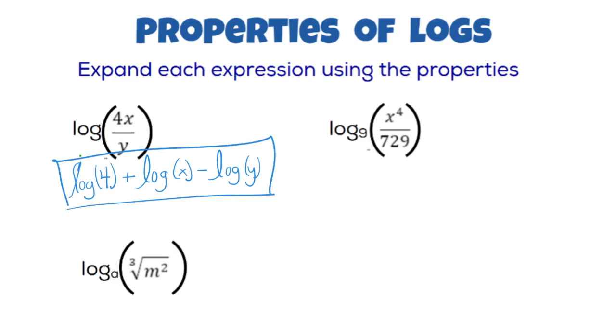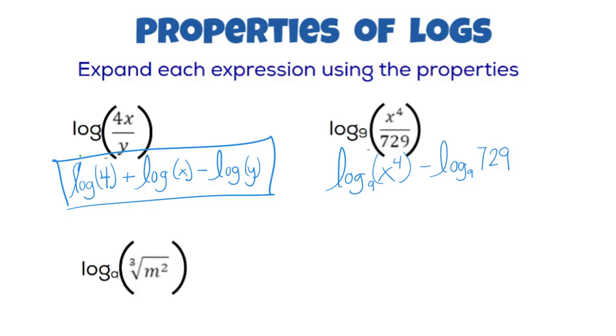Okay, let's take a look at this next one. It's a log base 9. This time what I see is a power. Do you remember that when you have, well, I'll just write it. It's going to be a log base 9 of x to the 4th minus log base 9 of 729.